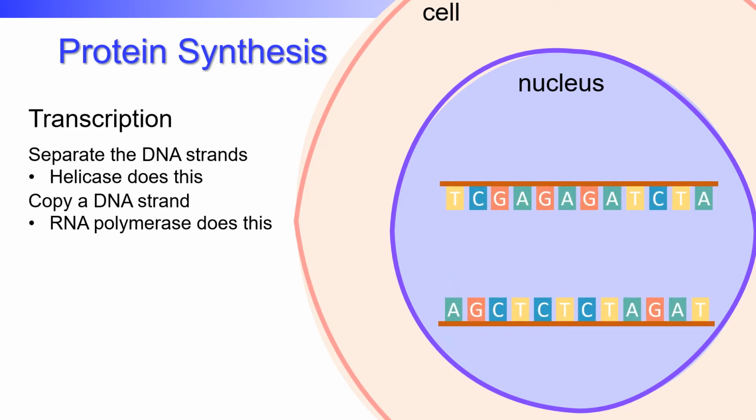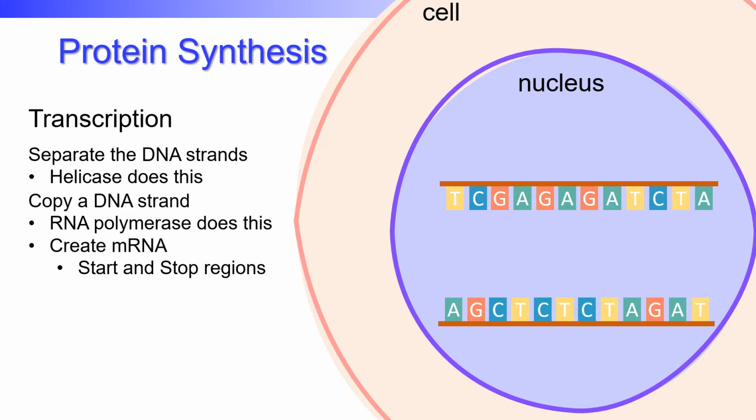Now, we want to copy the recipe from DNA, which means that we are going to create a messenger RNA, something called mRNA. So the first question we need to ask is, how do we know where to start copying the recipe, followed by, where do we stop? At the beginning of the recipe, there's going to be anywhere from 100 to maybe 1,000 nucleotides that are considered junk and will eventually be removed from the protein that's being made.